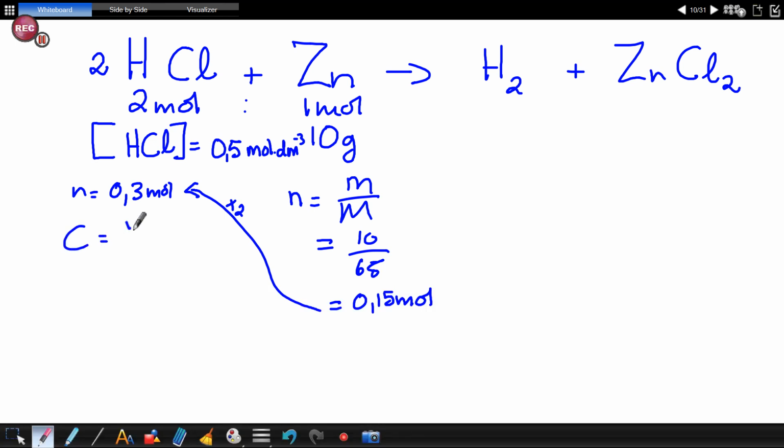C equals n over V, so V equals n over C. The n is 0.3 and the C is 0.5, and that gives us 0.6 cubic decimeters. Yes, that is it. Is it too easy? Yes.